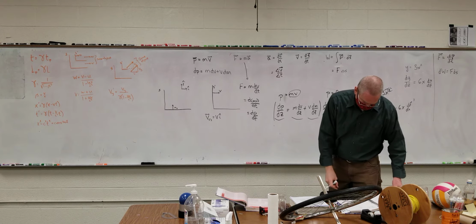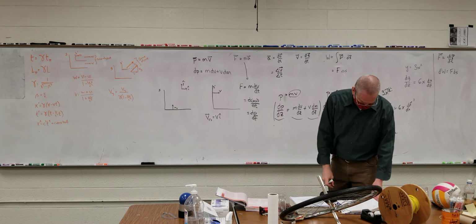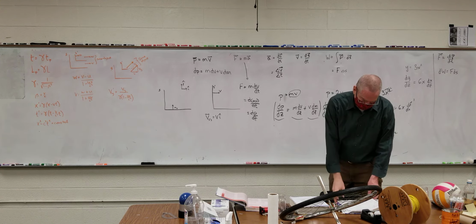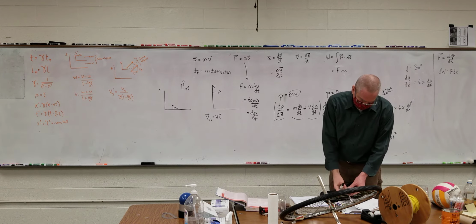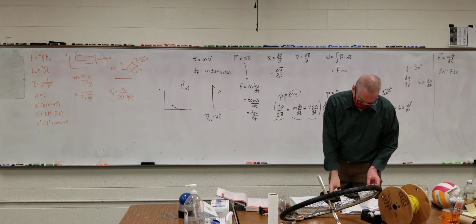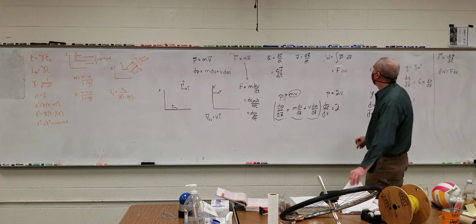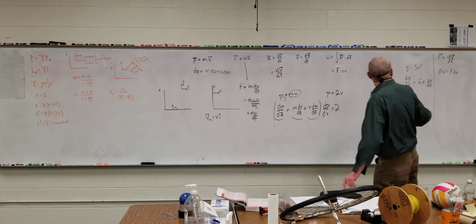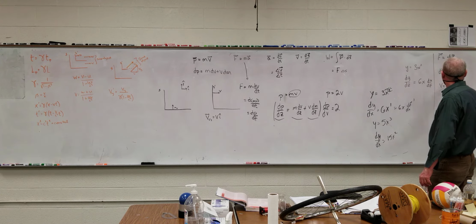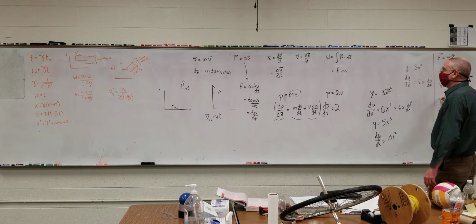Let's see what else before we continue. We'll be using that next thing, so let's write that v equals ds/dt. p equals mv. dp/dt equals m dv/dt plus v dm/dt.